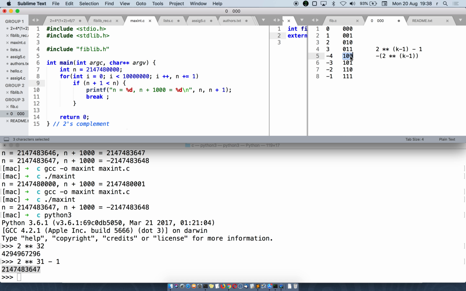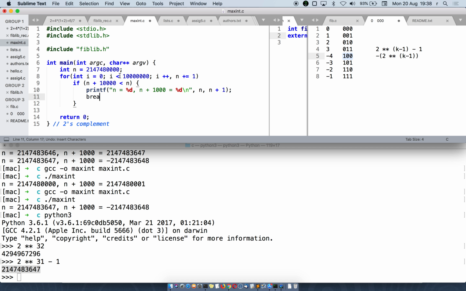So now, instead of having 3 bits, imagine you have 32. This is how many bits a C integer has. Okay? Now we're going to do a very interesting thing. I'm going to go back to the original version of the program.